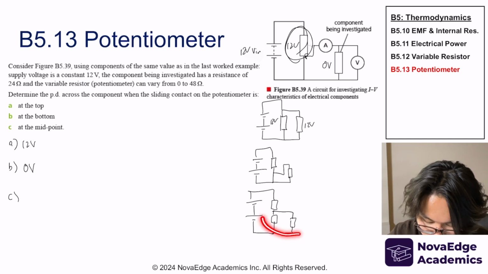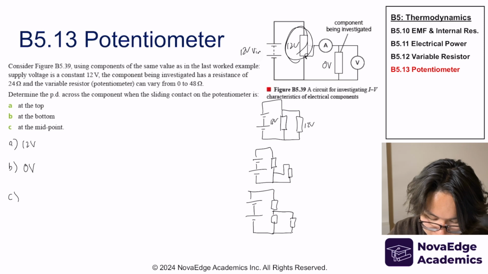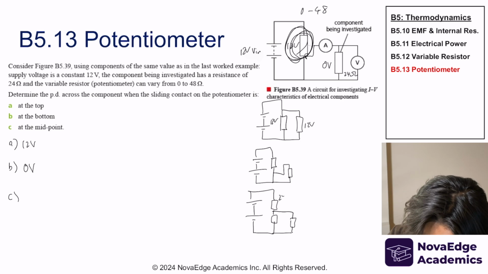So it's actually going to be parallel with this guy and this resistance with this. And so if you put it actually halfway, it's going to split the resistance equally. Okay, so remember that the component being investigated has 24 ohms. This has 24 ohms. And this can go from 0 to 48. So if I were to divide it in the midpoint, it's going to have 24, 24, 24.